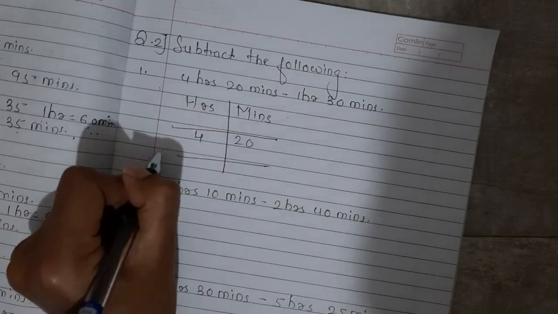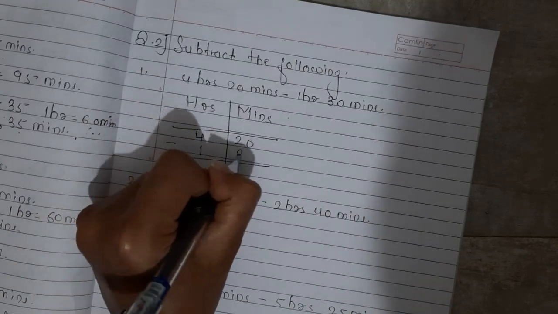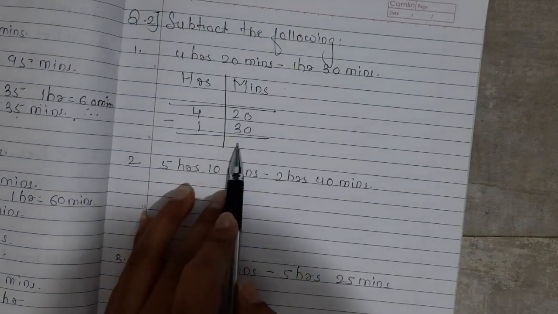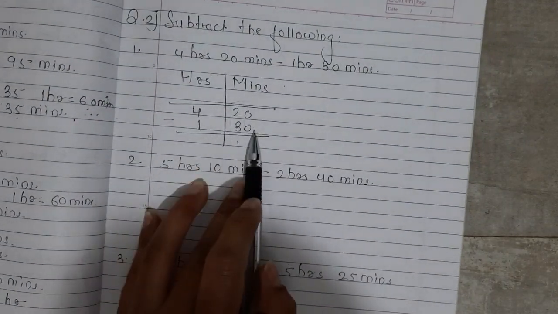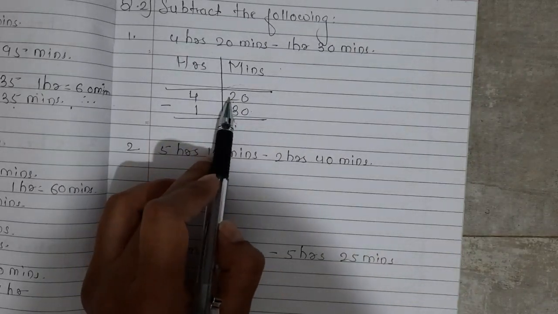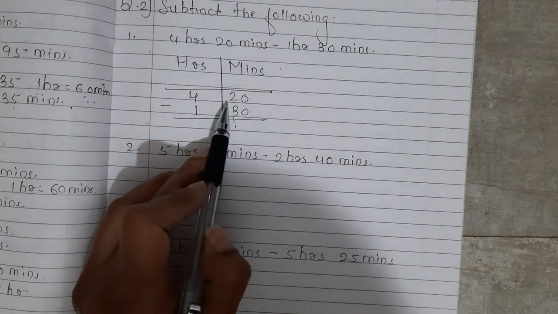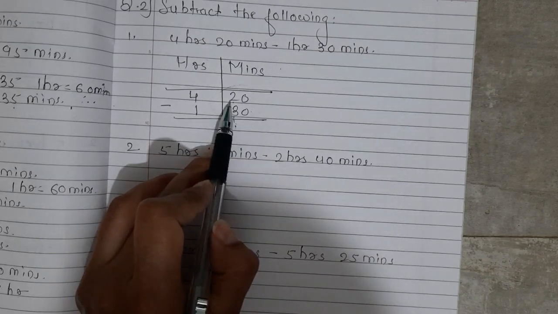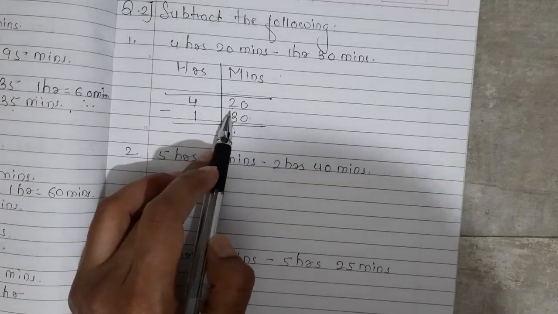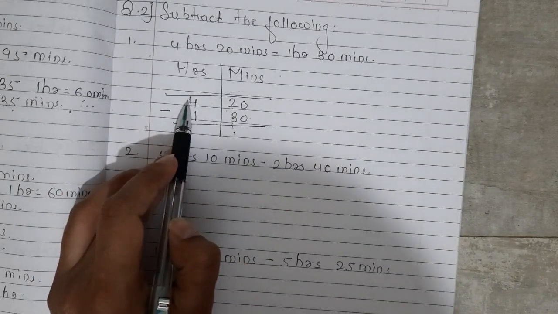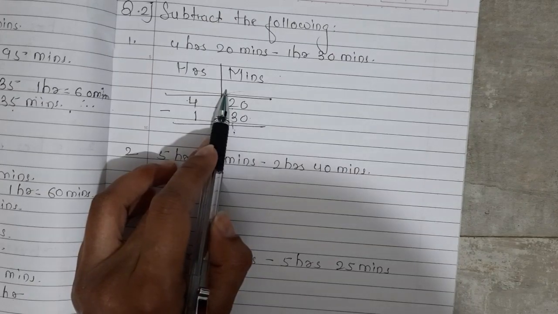We have to first subtract minutes. Here 20 minus 30: 20 is the smaller number, 30 is the bigger number, so we cannot subtract 30 minutes from 20 minutes. So what do we have to do? We have to take 1 hour from the hours column and convert it into minutes.